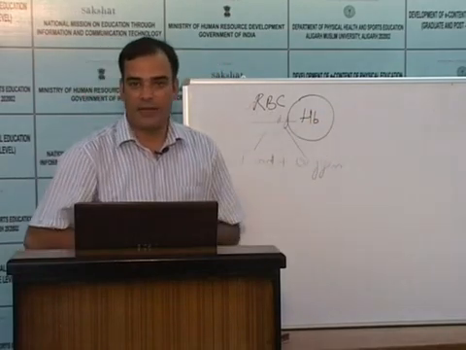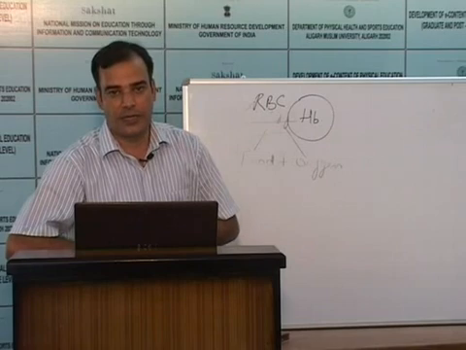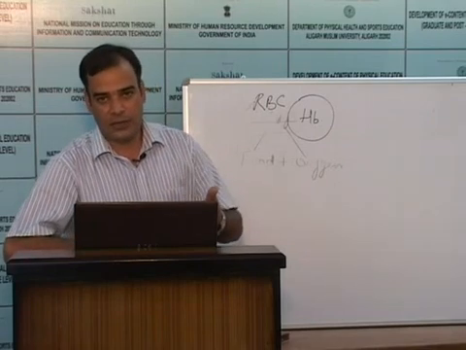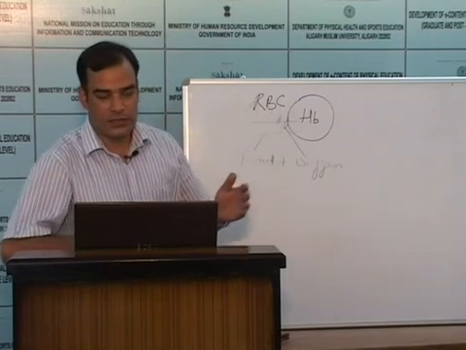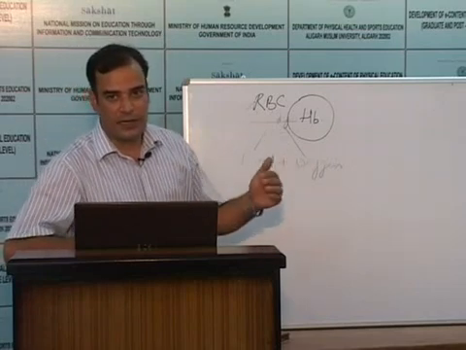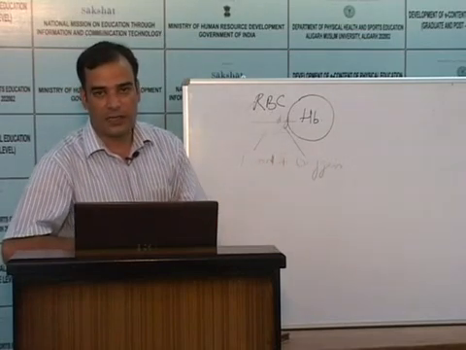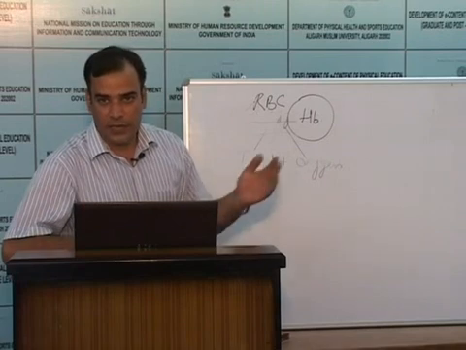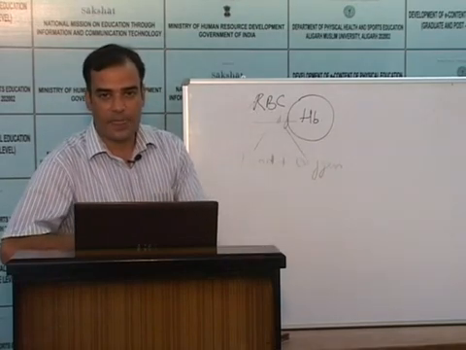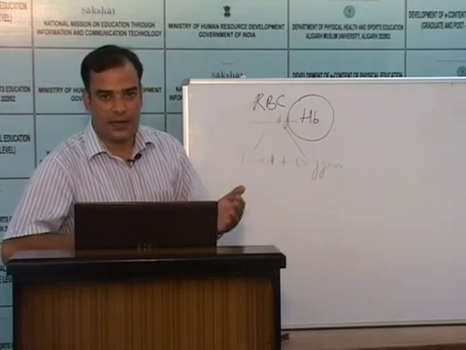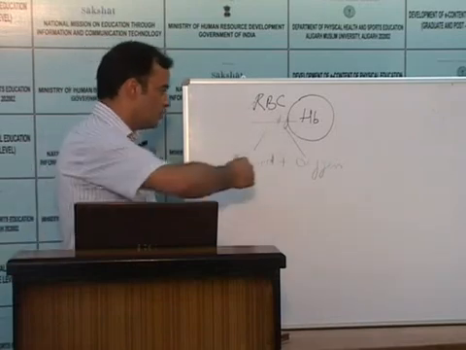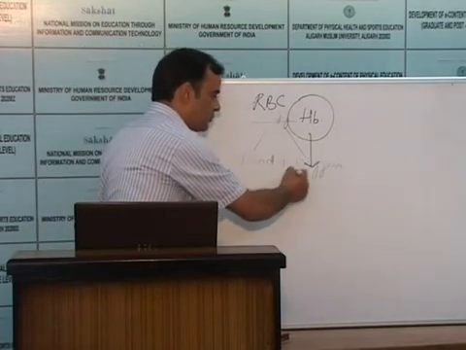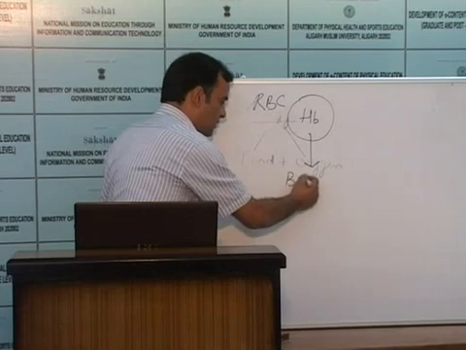These cells have a lifespan of 120 days. After 120 days in circulation, these RBCs are finally destroyed in the spleen. The hemoglobin inside these cells is degraded, and the end product that is left of this hemoglobin are the bile pigments.